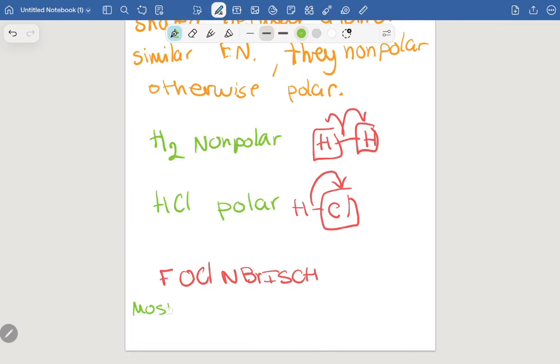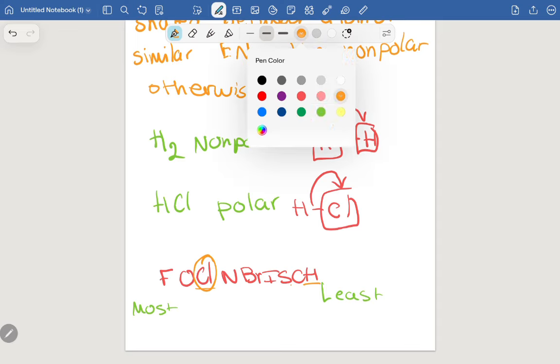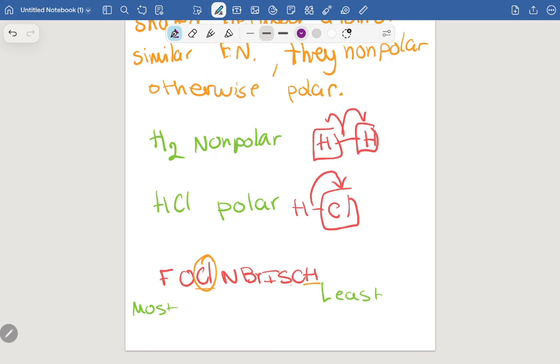So as you can see, chlorine definitely has a higher electronegativity than hydrogen, so it will fully attract the electron. So if we were to draw how it looks, this would look something like this, whereas this over here would look something like this.